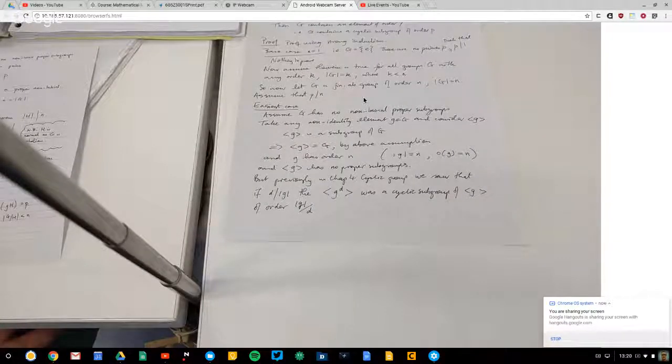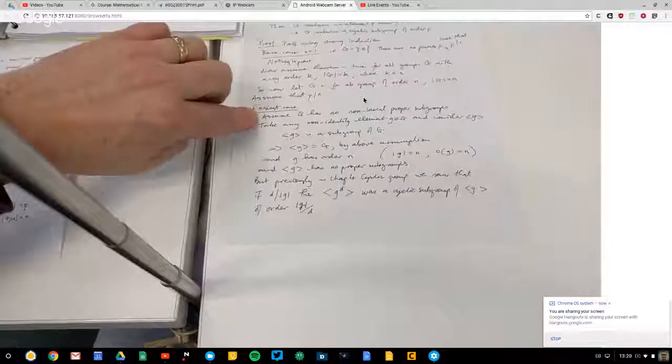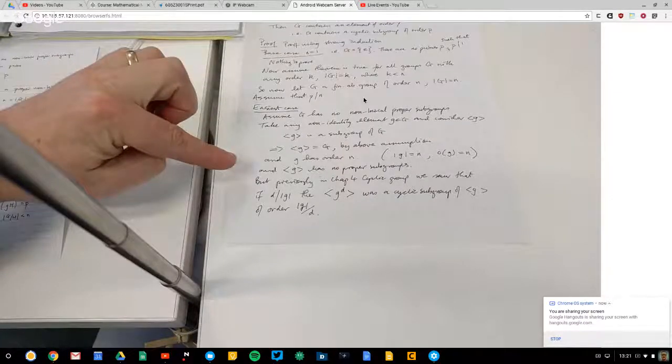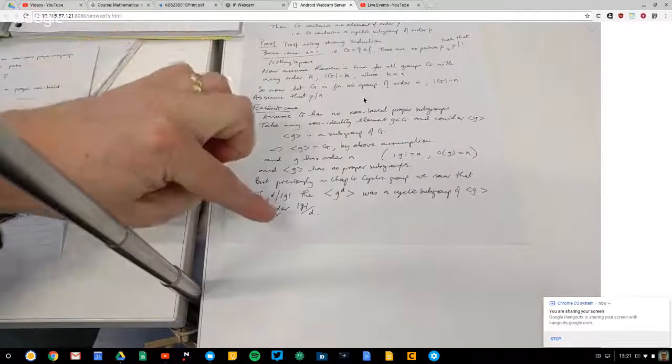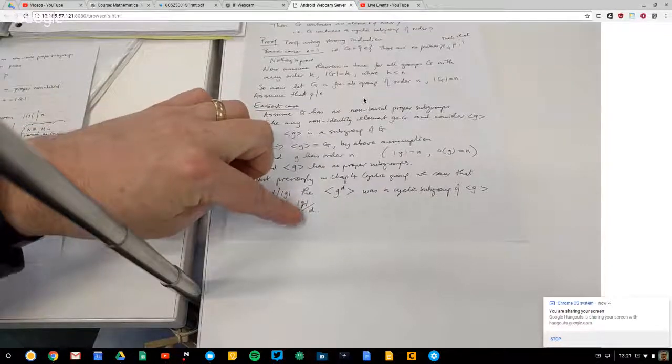But our assumption at the moment says that G has no proper subgroups. But this is a theorem that says it does, for every divisor of it, a subgroup of that order.